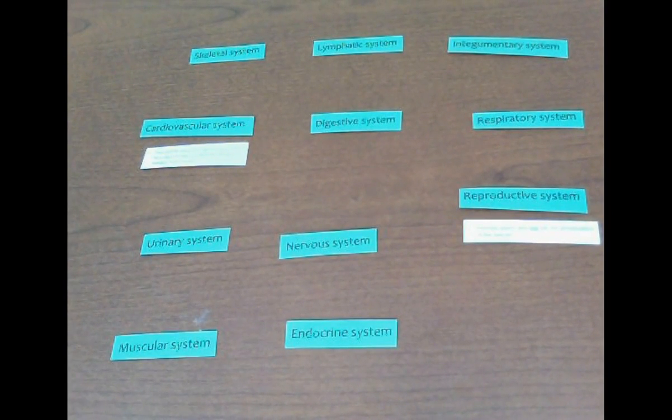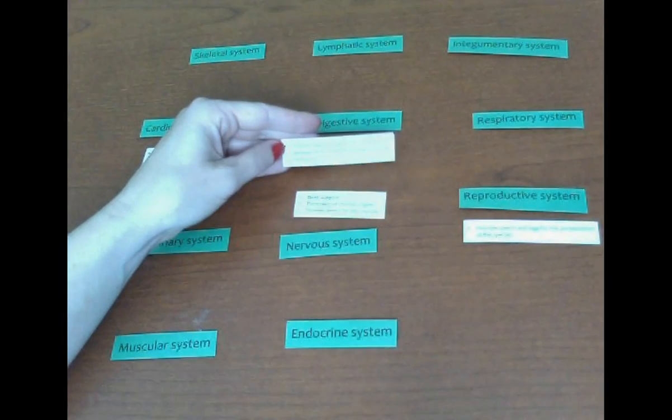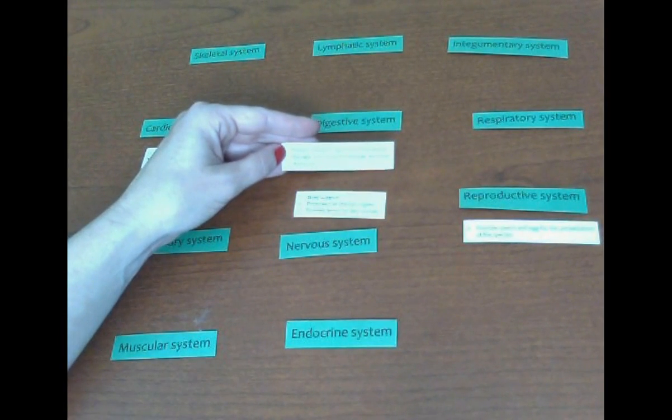Okay, so let's keep going through here, and let's talk about ones that sometimes students get confused. So I've got a couple here. One of these says it protects deeper organs from mechanical damage, that would be something hitting on it or rubbing up against it, from chemical damage, and from drying out.